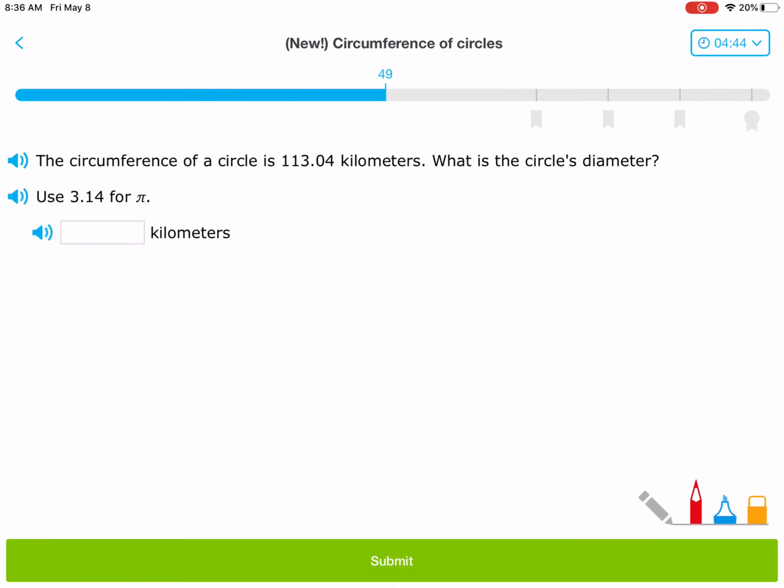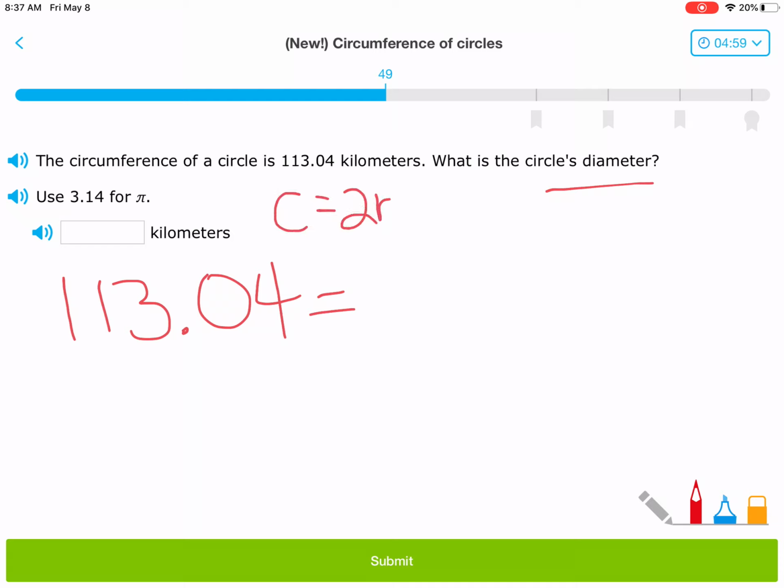So here's another one. The circumference is 113.04. This time it wants to know the diameter. So we had those two formulas, 2 times the radius times pi, or what else did we have? We had circumference equals the diameter times pi. So which one gives us the diameter?